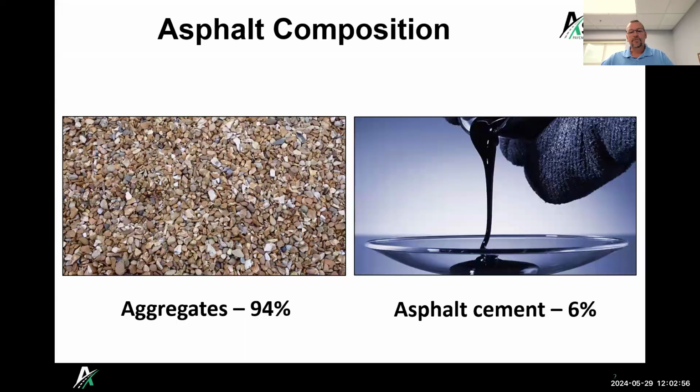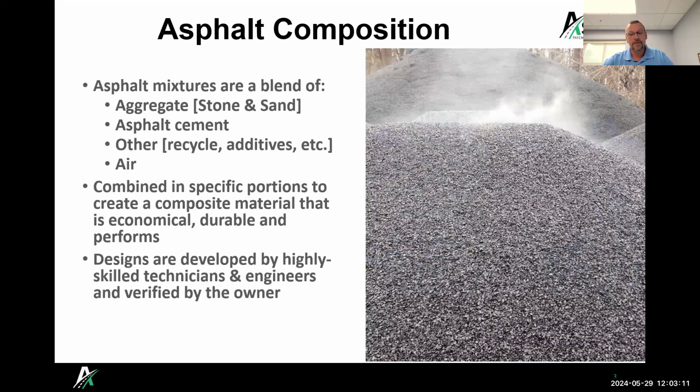Okay. So first, I want to go through a couple slides and give you a little bit of basic background. Asphalt mixtures are composed of approximately 94% aggregates, that's your stone and sand, and 6% asphalt cement. Aggregates that we use for asphalt mixtures need to possess certain properties.